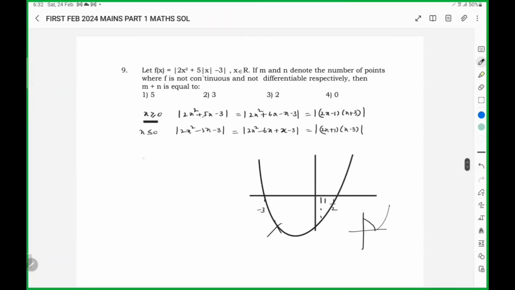And for x less than 0, so here we have plus minus half and 3. Minus half here, 3 here.